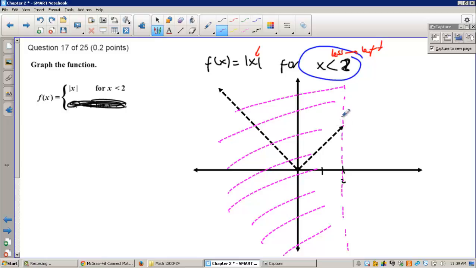What kind of band-aid do you use? Circle or filled in? You have two types, unfortunately. You don't have those colorful ones. Which one do you put on this end? Circle. Why? No equality sign at 2. Okay? So you've made this picture.